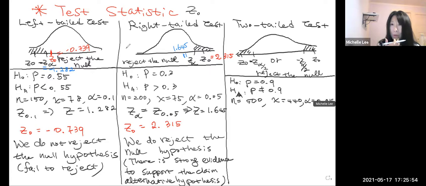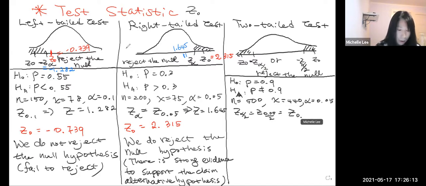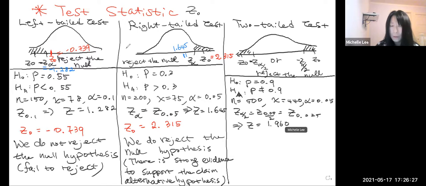But we have to do a little more work for Z sub alpha over 2. That is Z sub alpha, in this case 0.05 over 2, which is 0.025. If we are using StatCrunch, then we get Z equal to 1.960.